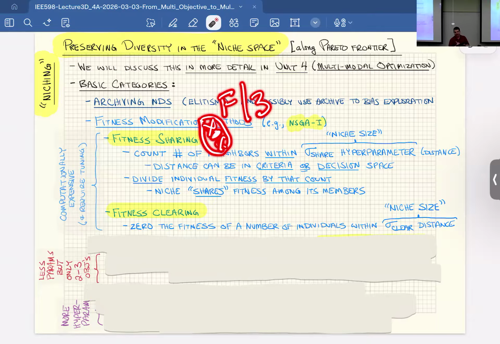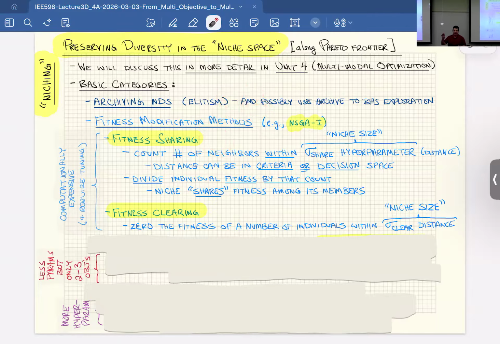Just clear them out. Then their spots in the population get redistributed elsewhere. It's basically the same idea of using fitness to spread things out, but instead of doing it in a smooth way, it's a harsher, more discrete way.